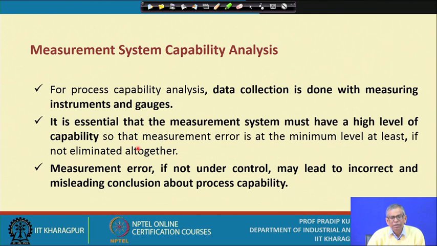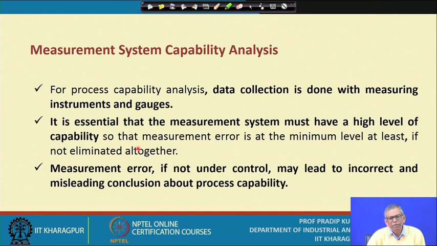Once you collect data, you go for data analysis using relevant tools and techniques, and then you conclude about the status of quality related to a particular process, product or system. Obviously, for collecting data, the majority of the time you need to use certain measuring instruments, sometimes also referred to as gauges.